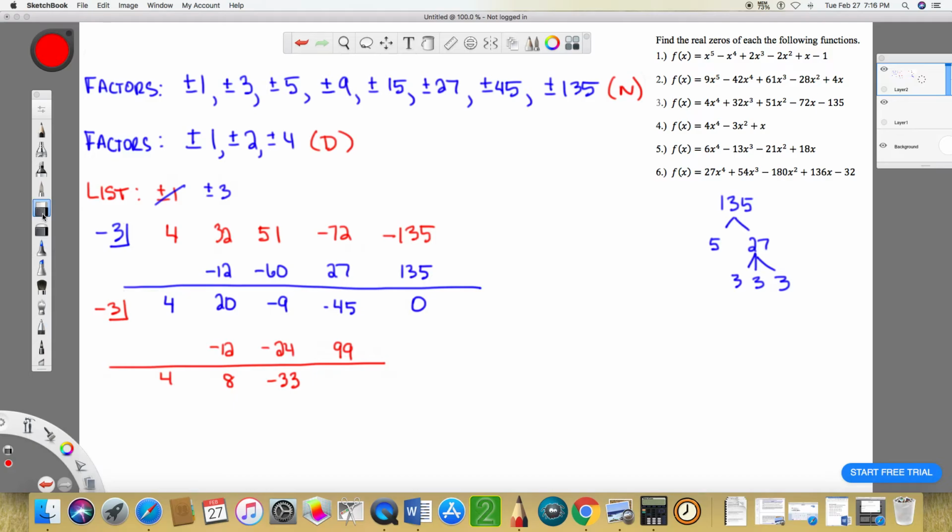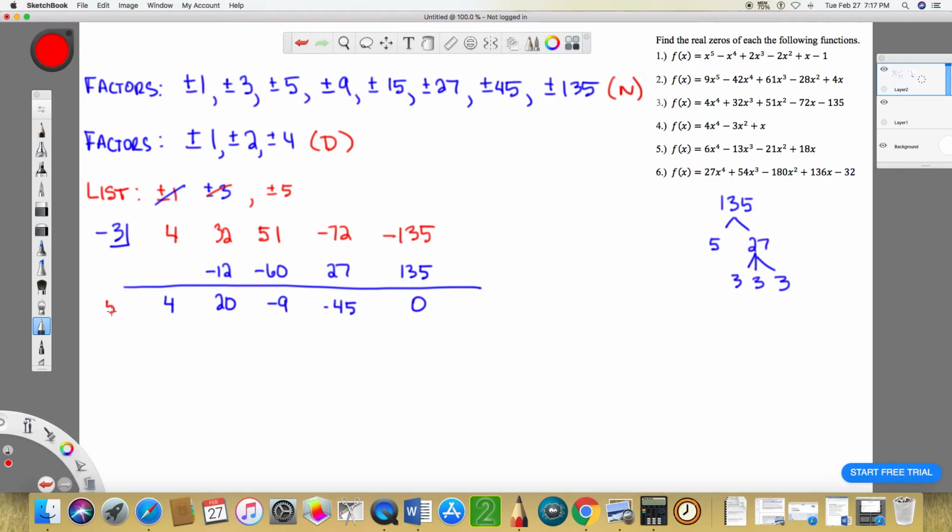Okay, so it doesn't have multiplicity 2. We checked 3 and it didn't work. We just checked negative 3 and it did. So we're through with that. Now let's go to the next number in the list, 5 over 1. So let's check 5 and negative 5.